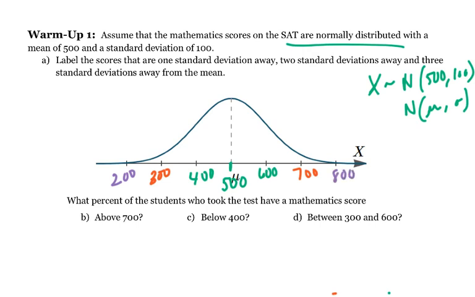Okay, so then the question is asking us, what percent of the students who took the test have a mathematics score above 700? And so this is where we use the empirical rule in a very interesting way, because the bell curve, the normal curve, has to add up to 100% of the data.